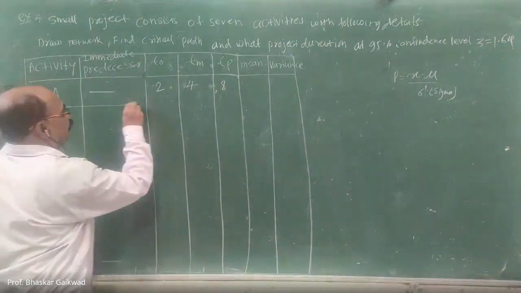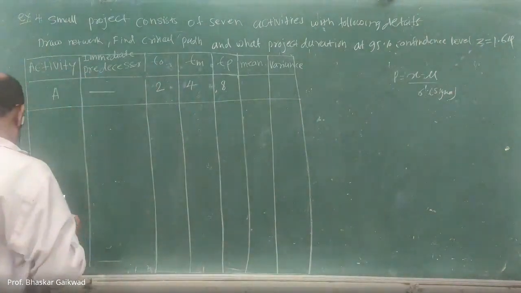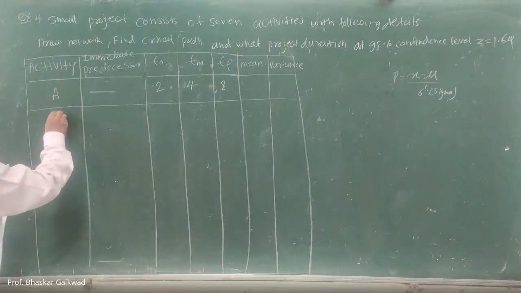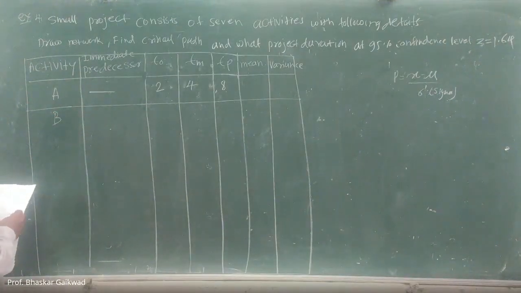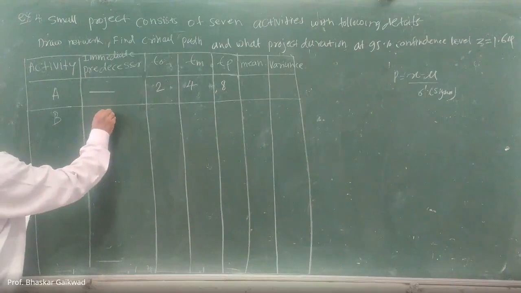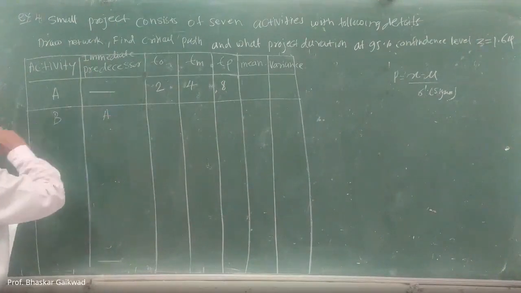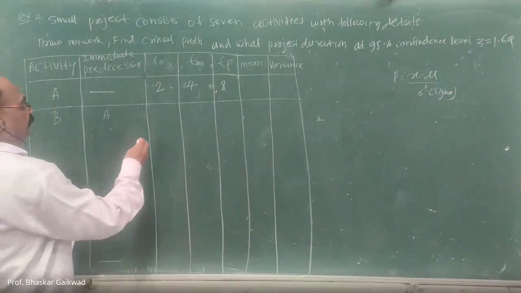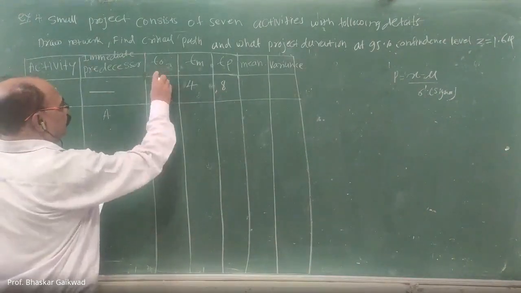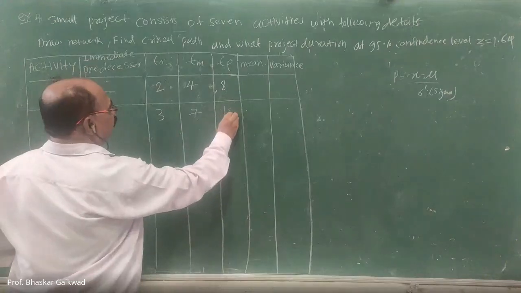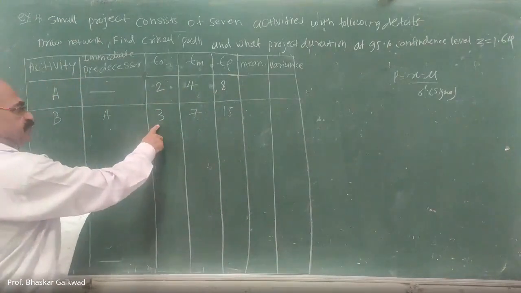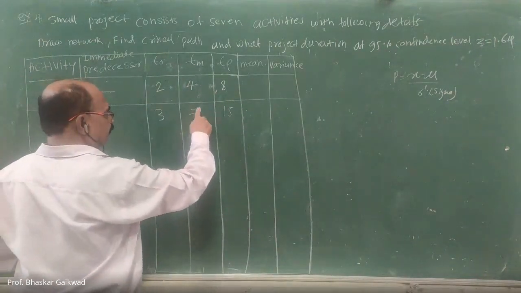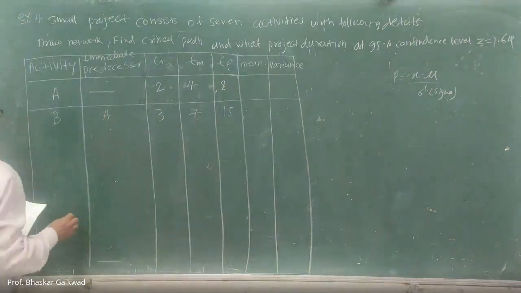Now we have to complete this A. After this, B. B immediate predecessor is A, means after completing A, B will start. Times are 3, 7 and 15: optimistic time 3, most likely 7, pessimistic time 15.